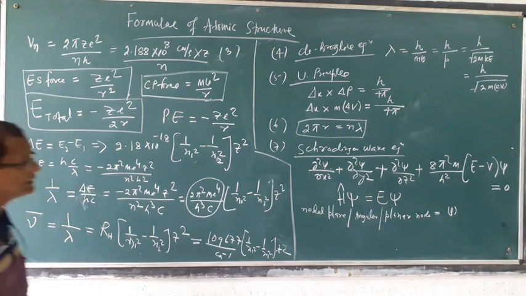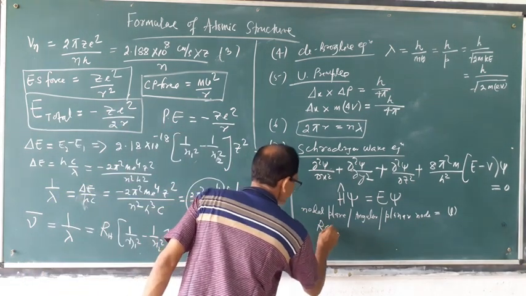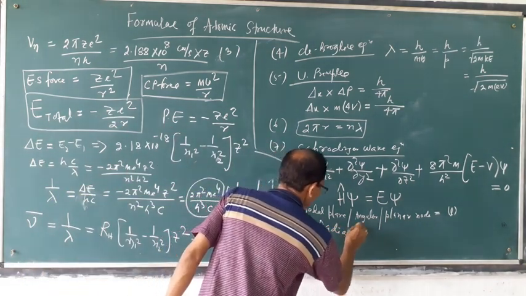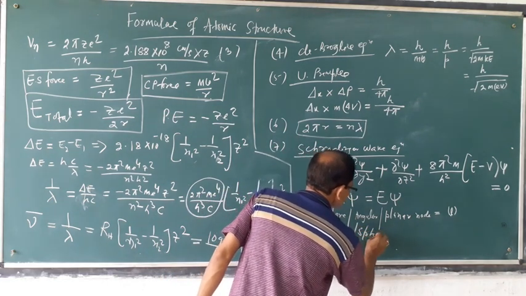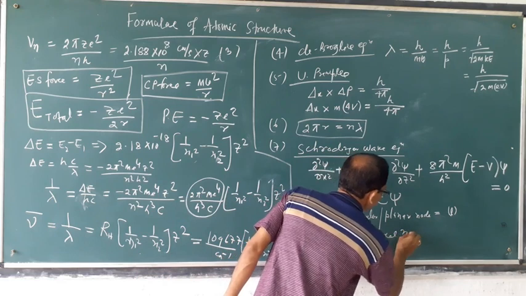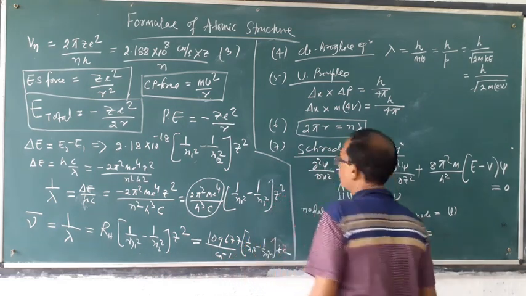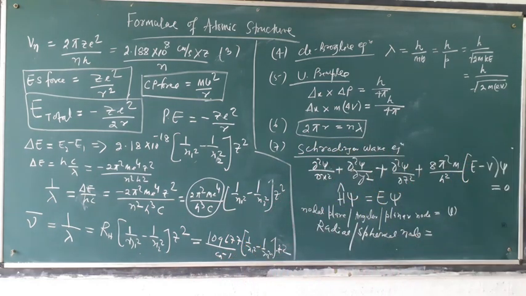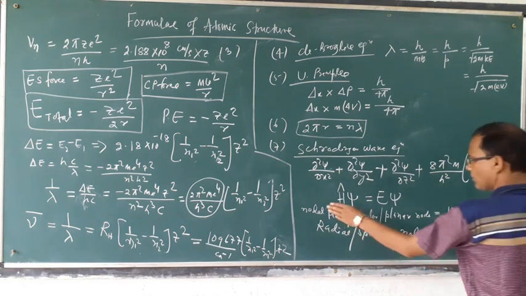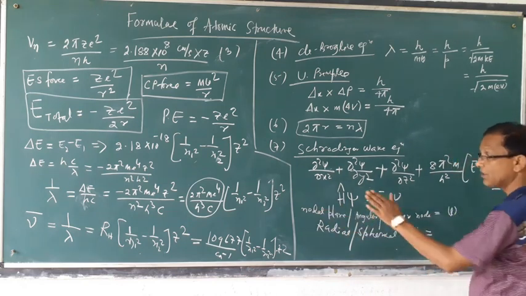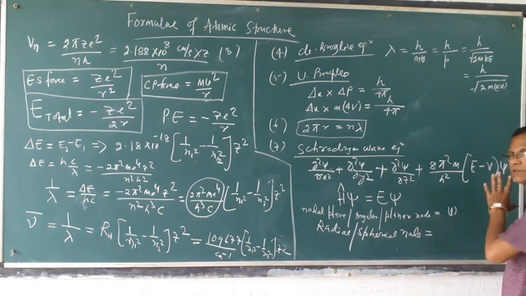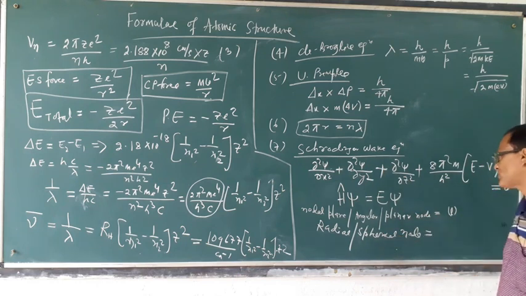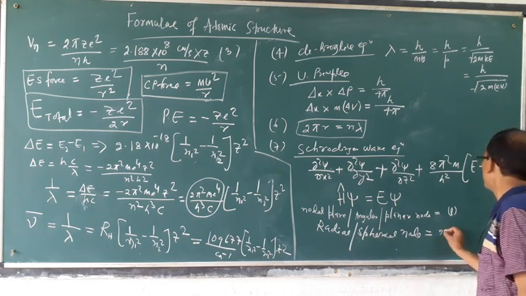Then the radial or spherical node. What is a node? Node means where the electron density is 0. Number of nodal planes where electron density is 0, or angular node or planar node, is equal to L. Radial or spherical node is equal to n minus L minus 1.